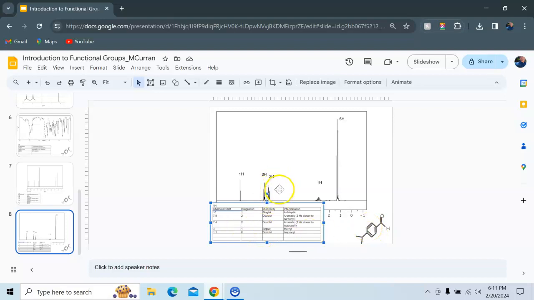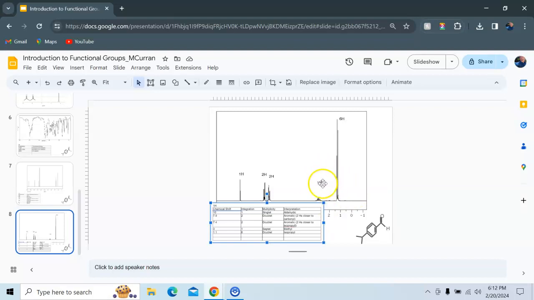Similarly, the next peak here at 7.4 is these 2, which has the same morphology. It's a 2H integration, meaning there's 2 equivalent protons, and it's a doublet, meaning it has 1 neighboring proton, which is the 2 that we just talked about. And then the last 2 peaks, this one with a shift of 3, has a 1H integration, meaning it's just a sole proton all by itself in that location.